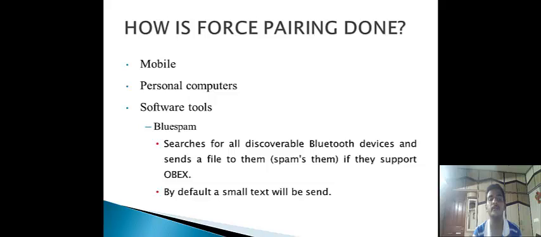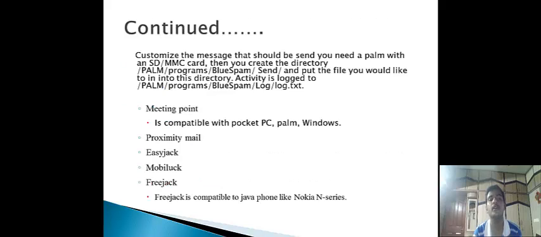The first one is Blue Spam. Blue Spam searches for all discoverable Bluetooth devices and sends an anonymous spam file to them, if they support the OBEX protocol. Even if it doesn't support OBEX, it sends a small text, and you can customize the message that is sent.